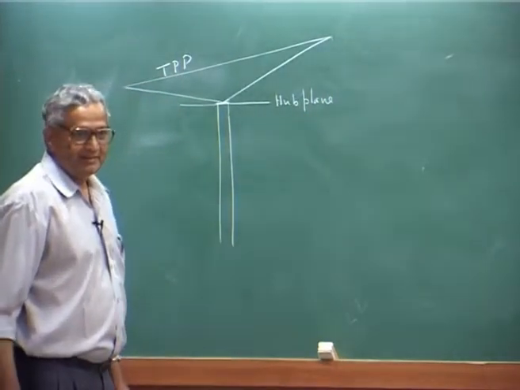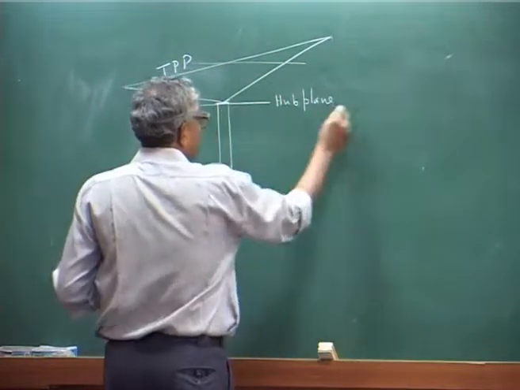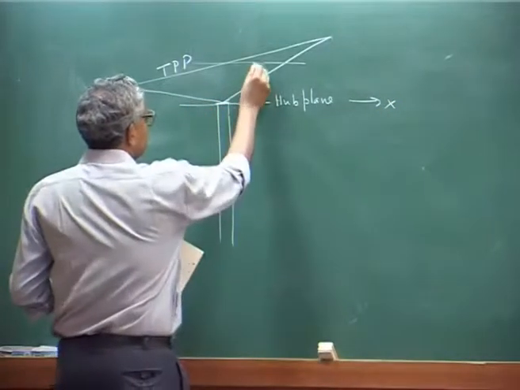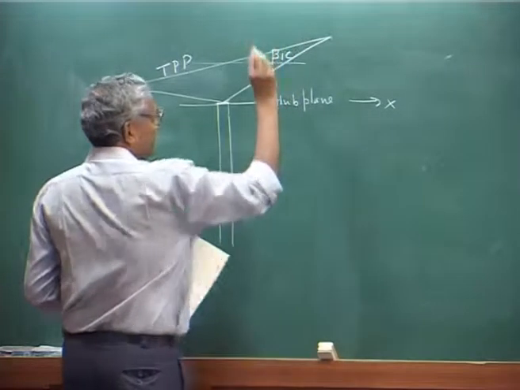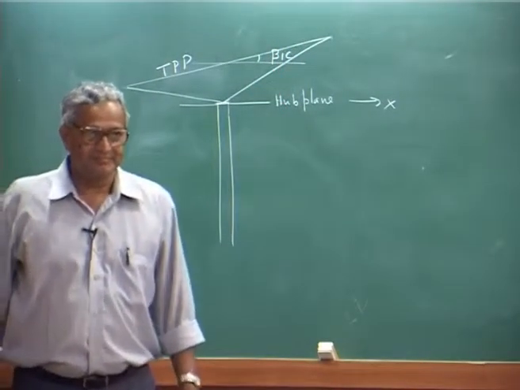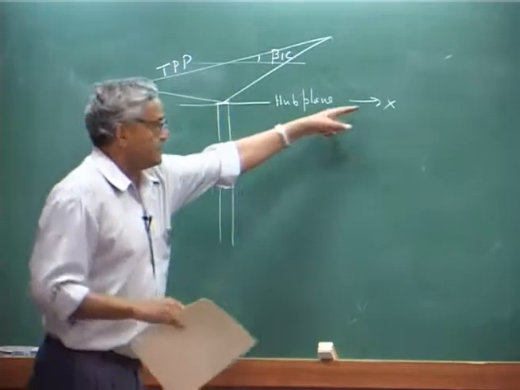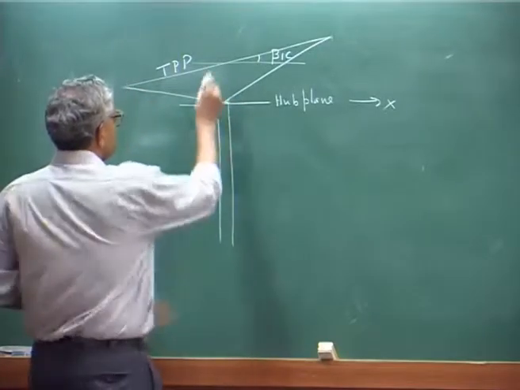Okay. Now, what is this angle? If this is my x direction, this is beta 1c, right, because this is x and y is down and this is the z direction.